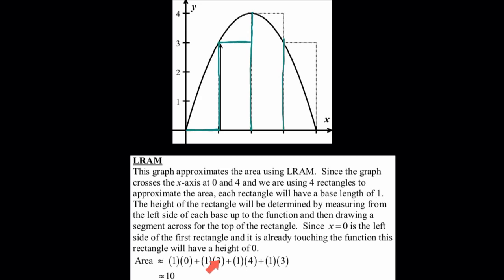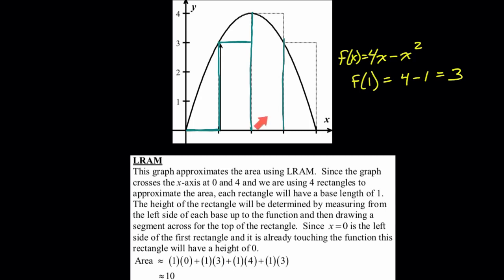The height is determined by an x value of 1. So that means if you take the function 4x minus x squared, which is our function, and we evaluate this at 1, you're going to get 4 minus 1, which is 3. That's where this 3 is coming from, evaluating the function when x is 1.